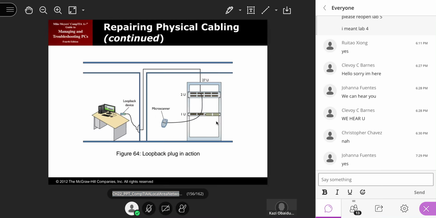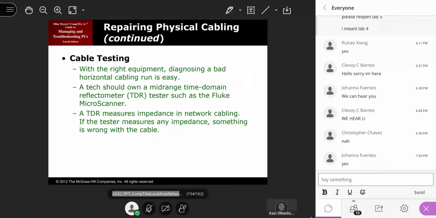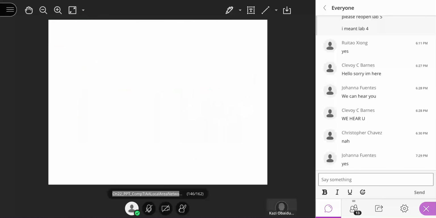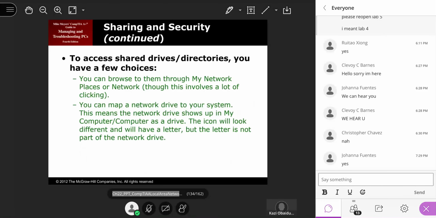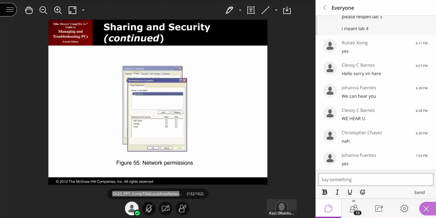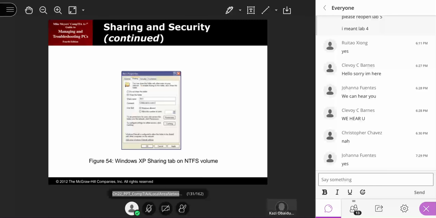I'm looking for one blank page where I can explain something. Let's go back. Okay, let's use this page. Final exam.